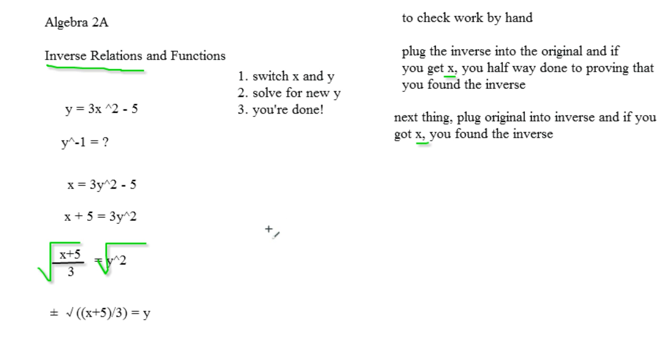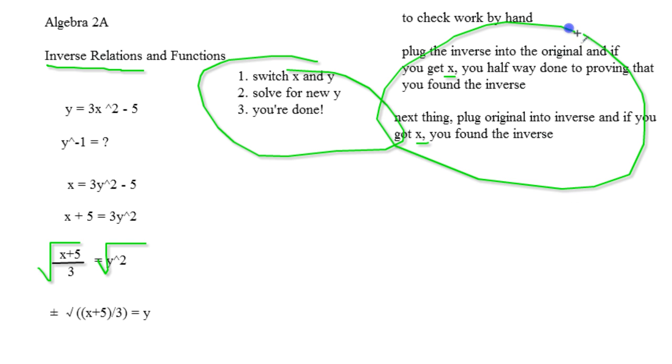Personally, I like graphing with Desmos and just graphing y equals x at the same time to see if I have a symmetrical pattern. But you can also check this too. But that's it for solving inverses and finding them. So just remember, follow these rules by hand, and then to check your work by hand, follow these rules.